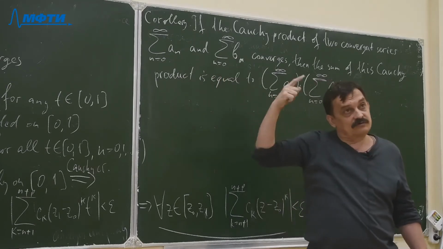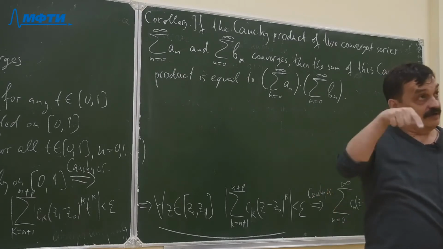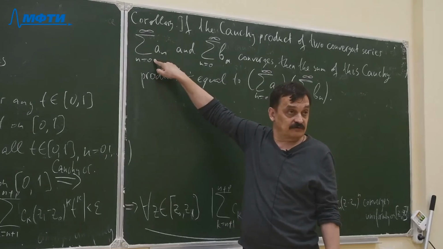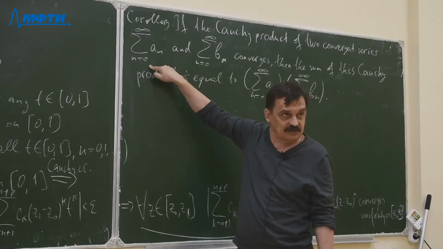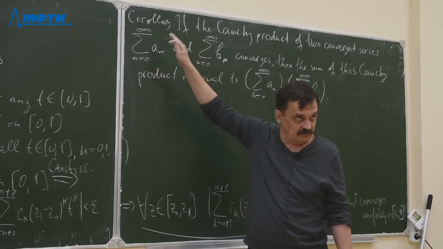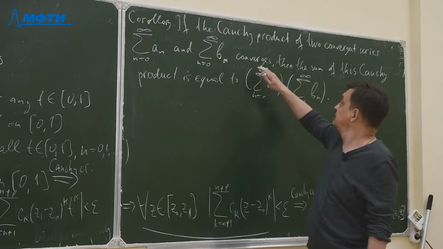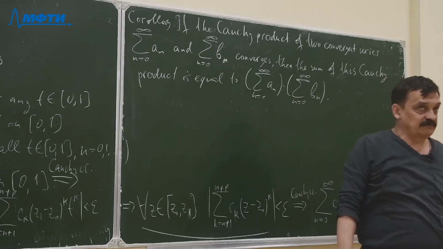We know, I didn't give, no, I gave the proof, Mertens' theorem, right? So if one of those series converges absolutely, then we know the Cauchy product converges for sure, and the sum of this Cauchy product is equal to the product of sums.